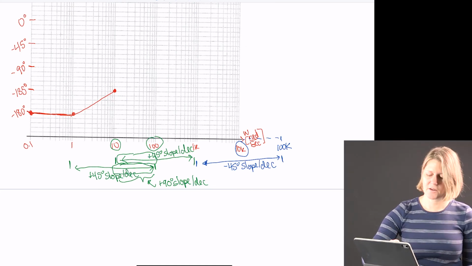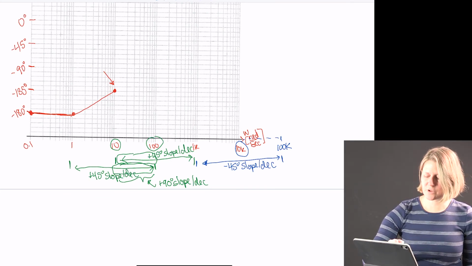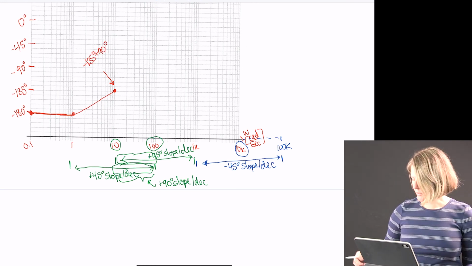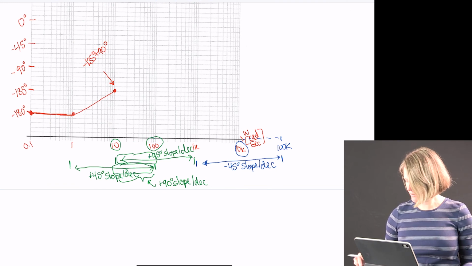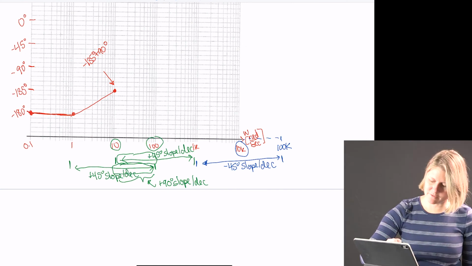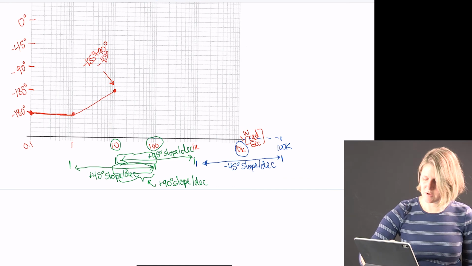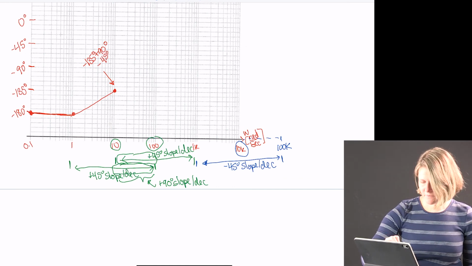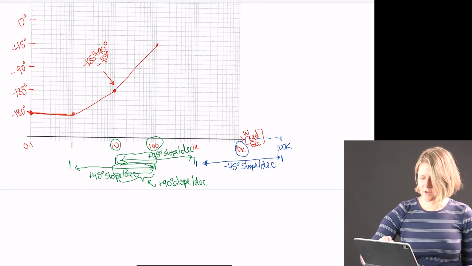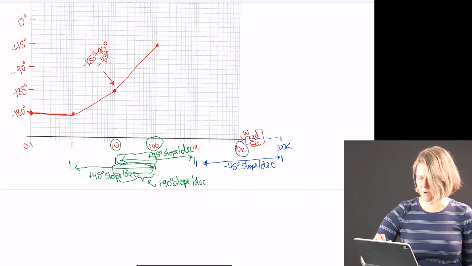So adding on a minus 135 plus 90, I am going to get, oh, I mean minus 45. So minus 45. And then at here I'm already at minus 45 and I have an additional plus 45, so I'm going to go to 0.